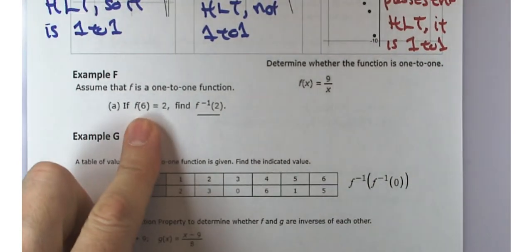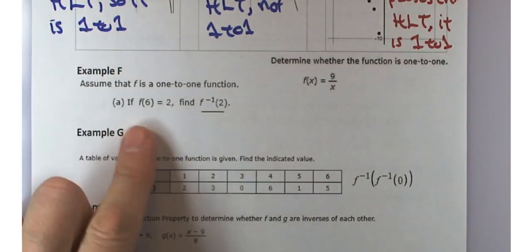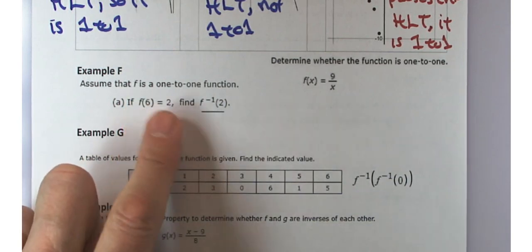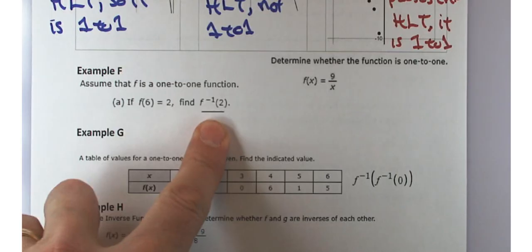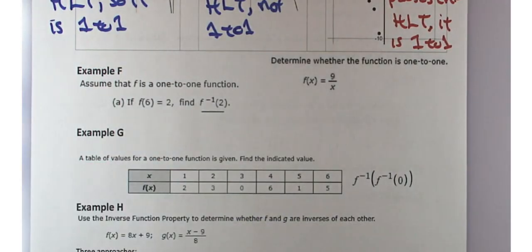Okay, so let's back up a second and see if you still remember the stuff we did in example C and D. Assume that f is a one-to-one function. If f of 6 equals 2, find f inverse of 2. So a little thought problem there for yourself real quick.